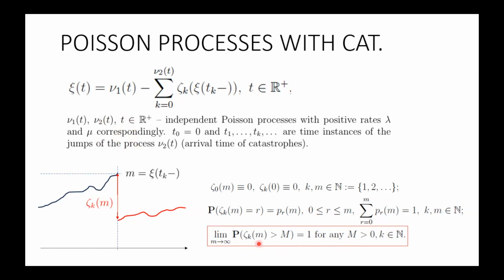This is our condition, and we believe that this quantification provides a usual characterization of a catastrophic event. This should be the characteristic of a catastrophic event.